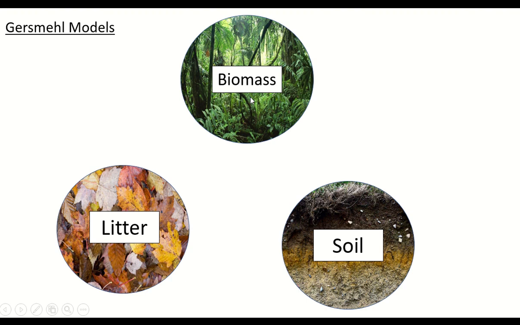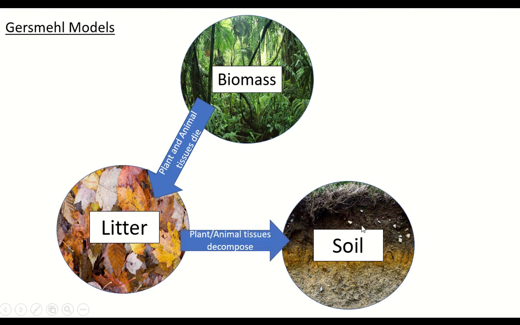Now, nutrients also get passed between these different stores through various means. When plants and animals die, or bits fall off them, their tissues become litter. At this point, they'd be sitting around forever, but our friends the decomposers step in and turn the nutrients from the litter into something that can be absorbed by the soil.